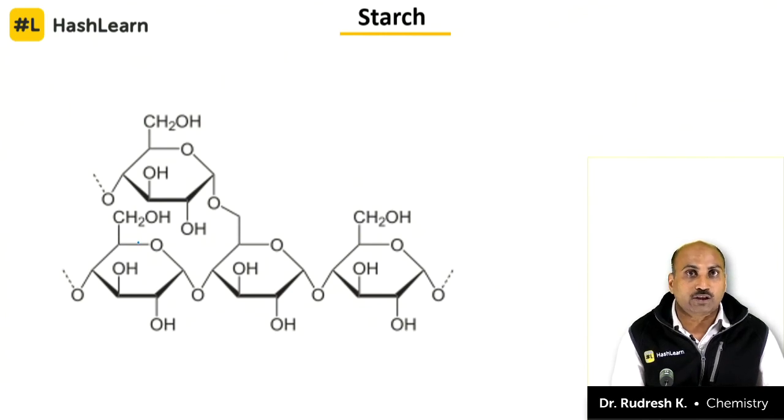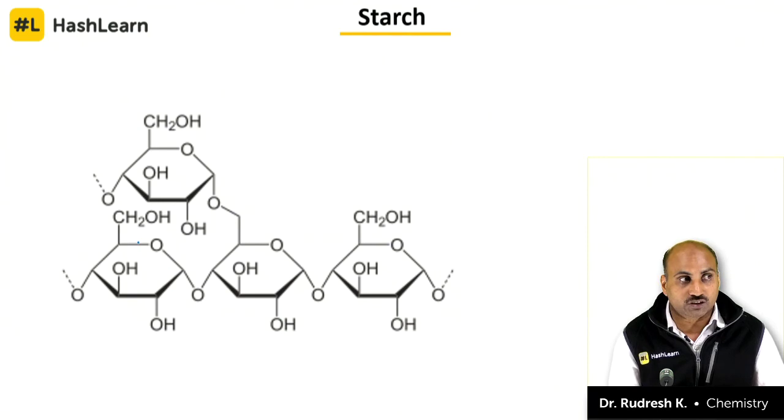Then the next important thing we are talking about is starch, which is a polysaccharide. When we look at polysaccharides, they contain a huge number of monosaccharide units. It goes in terms of lakhs of monomers linked together. Starch is basically insoluble in water. When heated, it becomes a colloidal solution.